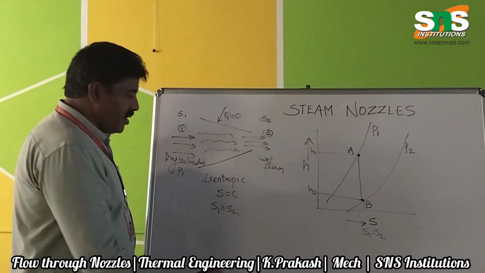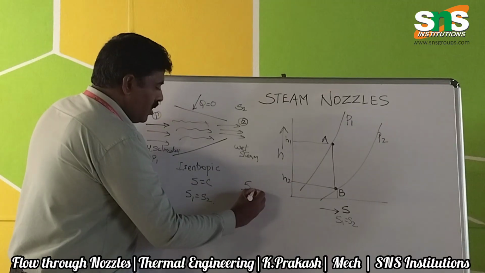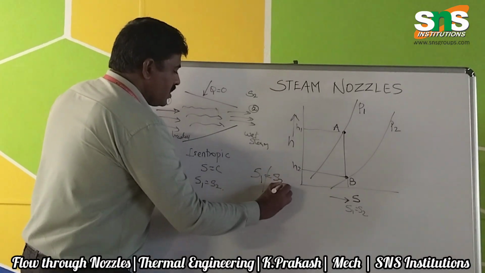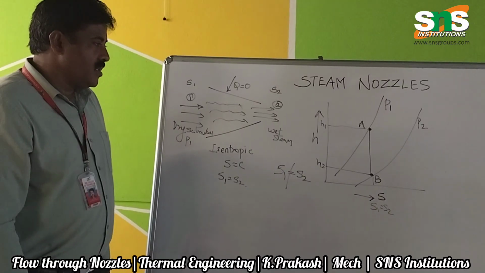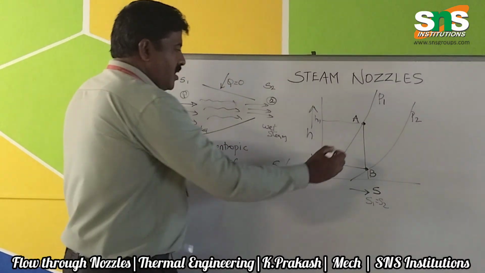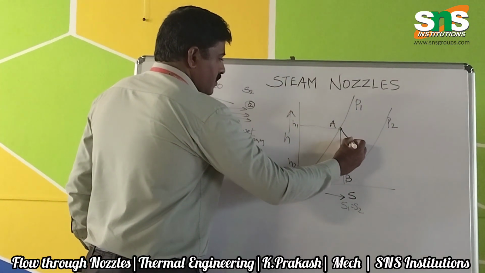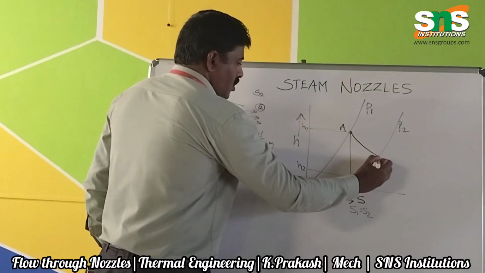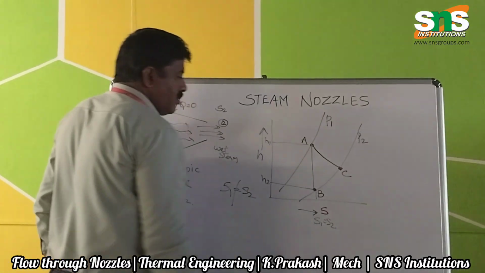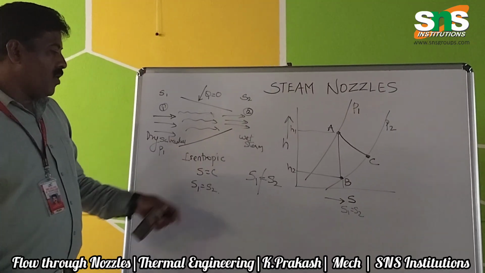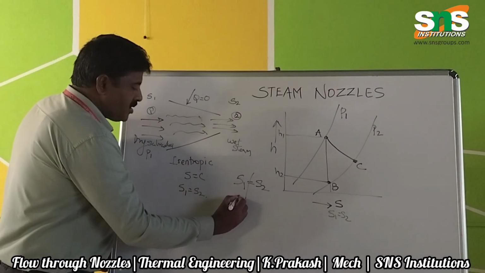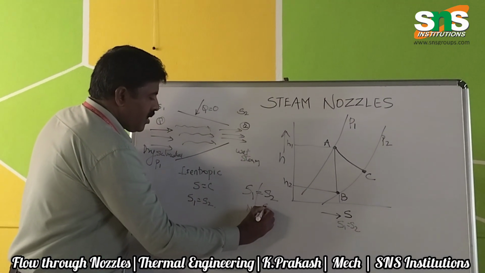That is, S1 will not be S2. So likely there is a deviation like this. Now this is C. C is the process where the flow is not isentropic.